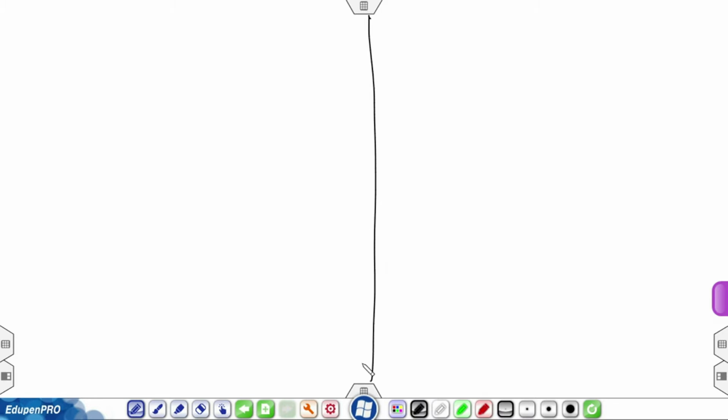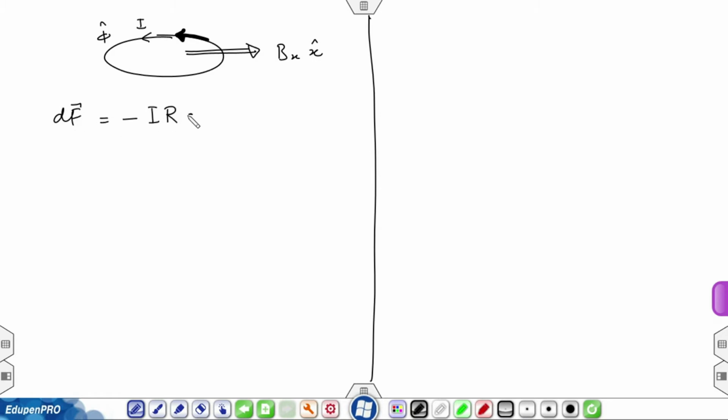So, what do we have? If I have this loop carrying current I in the phi direction, and this is in the field Bx x, then the force on a small element out here is dF equals minus I r d phi Bx cosine phi, and is in the z direction.